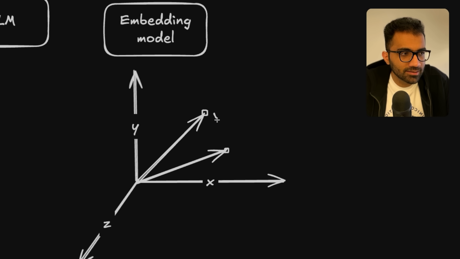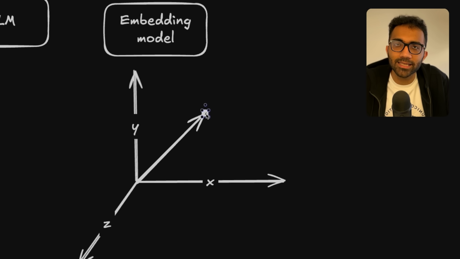Based on the distance between these 2 points, you can figure out how similar these 2 vectors are. Just a simple class math observation. For example, if I reduce this distance to 0, they are basically the same thing. However, if I increase this distance to the maximum, basically making it opposite in space, it would not be similar at all.